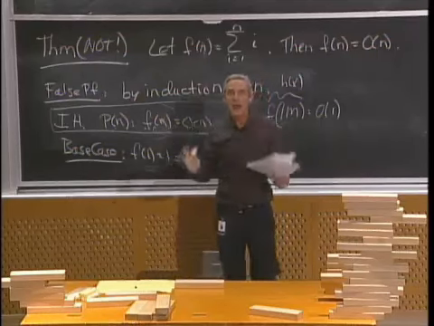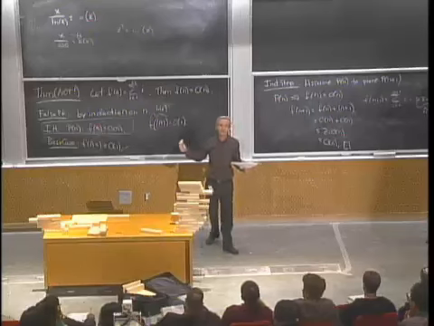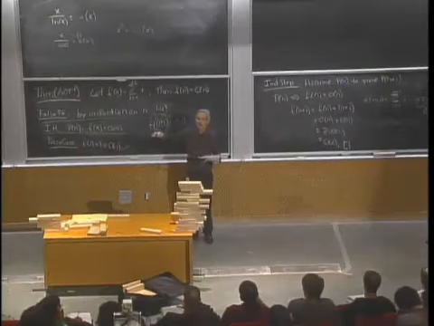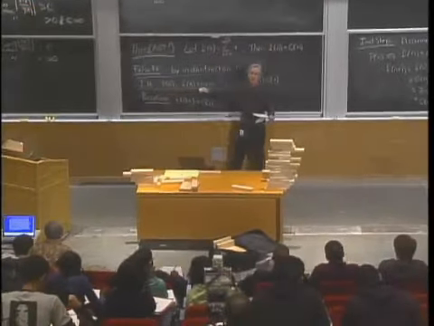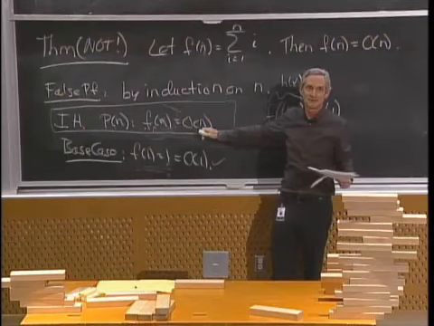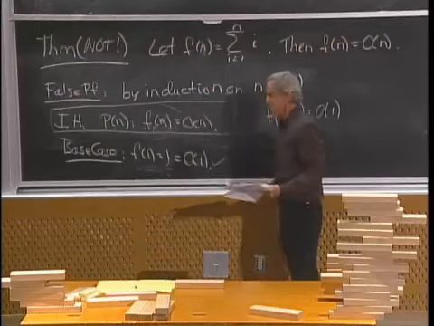So never, ever use asymptotic notation with inductive proofs because you will invariably stick big O into your predicate, and you can prove all sorts of false things once you do that. Okay? All right. Never use asymptotic notation in induction or predicates.